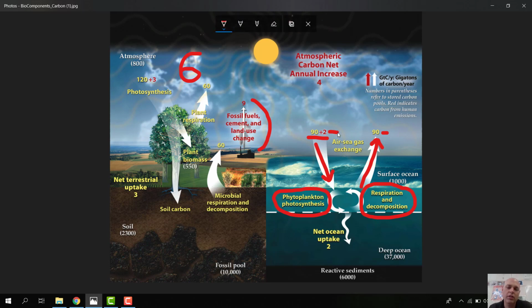So if you notice, there's actually a net uptake of 2 gigatons into the ocean. Okay, 92 coming in over here, and 90 going out. So the oceans actually take in more carbon dioxide than they give off.